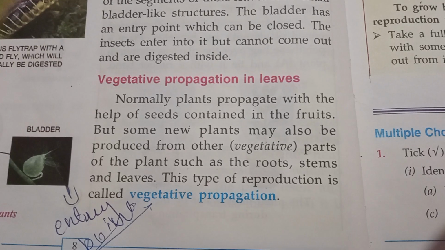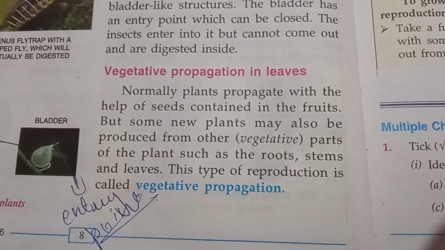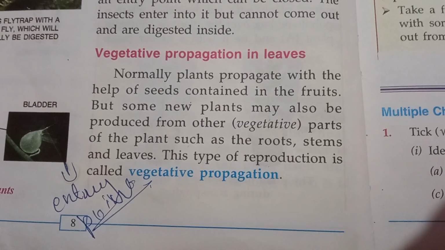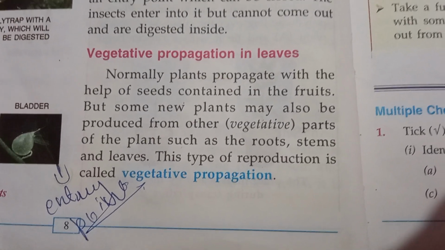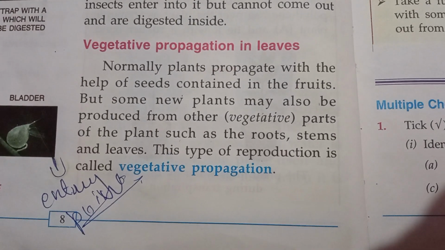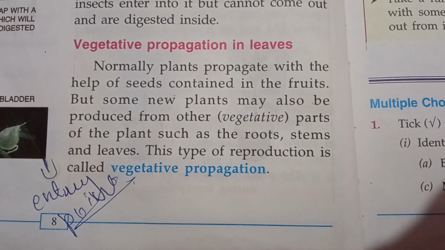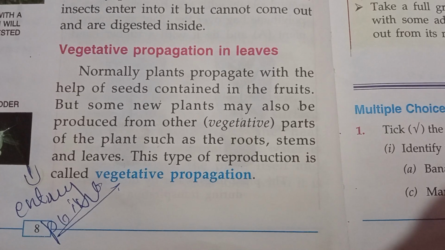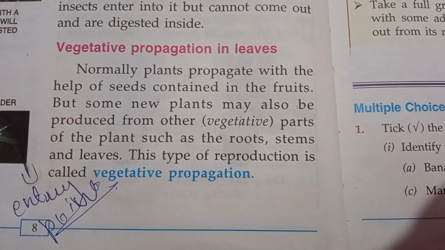Vegetative propagation in leaves. Normally, plants propagate with the help of seeds contained in the fruits. But some new plants may also be produced from other vegetative parts of the plant, such as the roots, stems, and leaves.